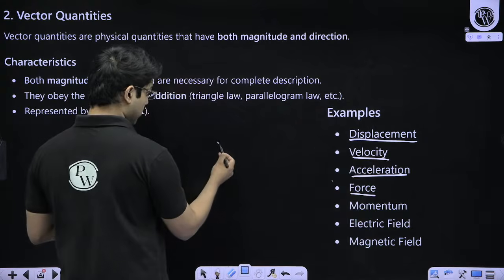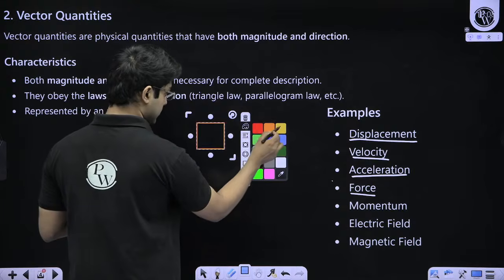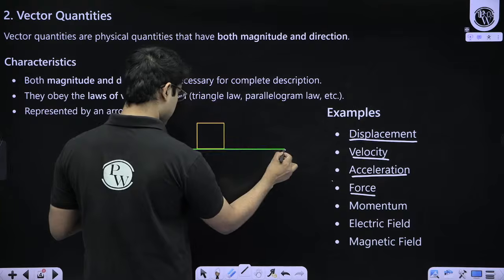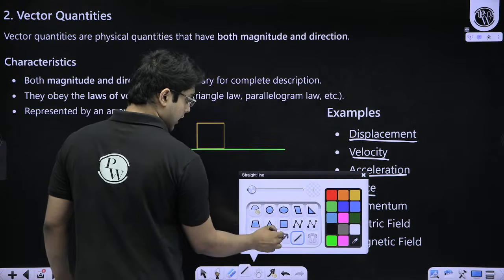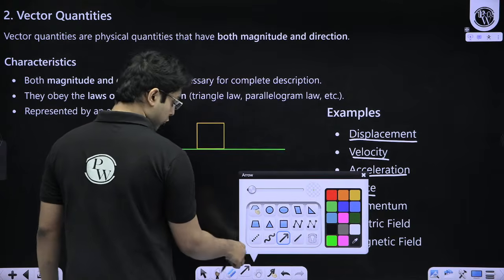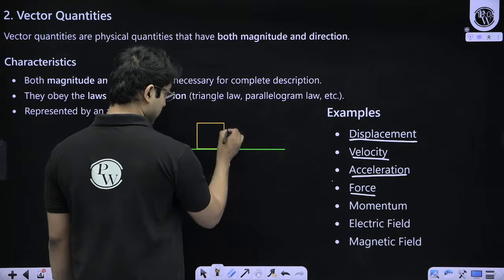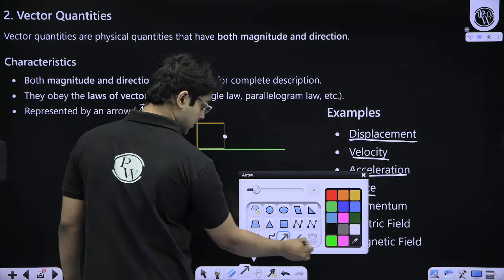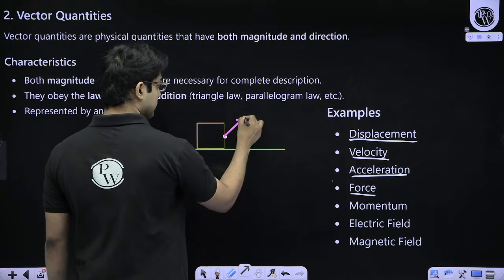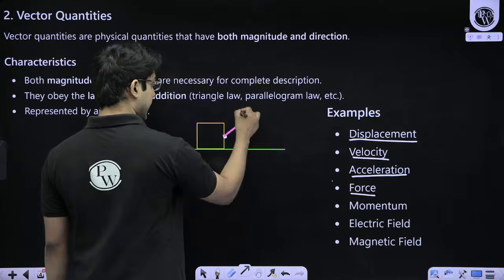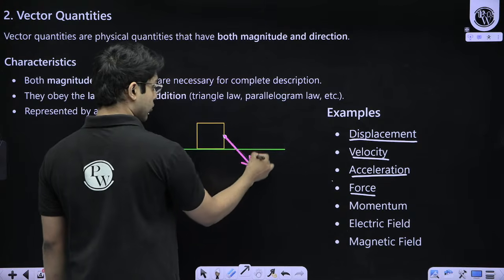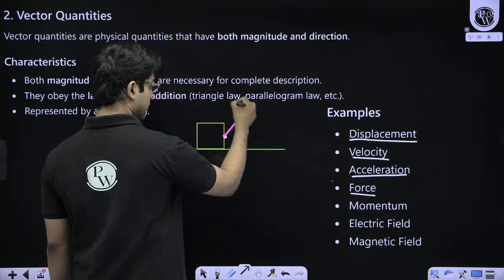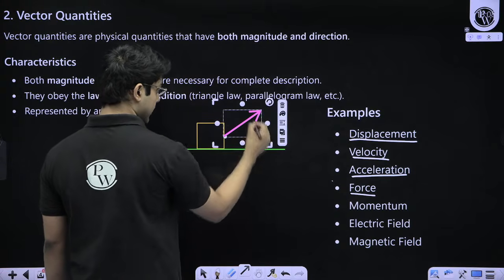So if I have a block of mass that is placed on the ground, then we can exert a force on this block. Let's say we are applying a force at this point, right? And we can apply the force in any direction. Let's say this arrow is there to tell us about the direction of the force. We can apply it horizontally, we can apply it vertically, we can apply it in this direction.